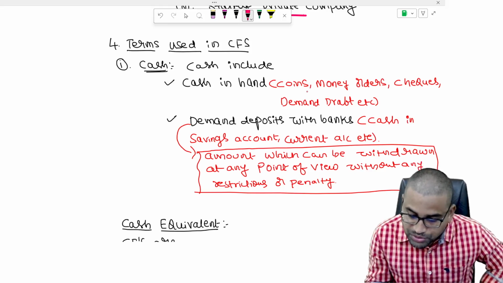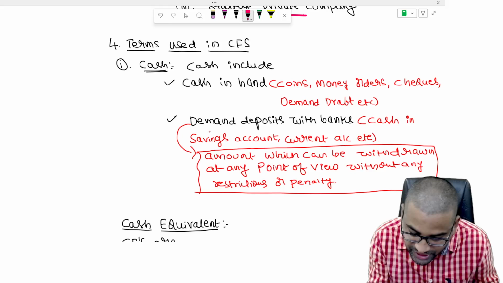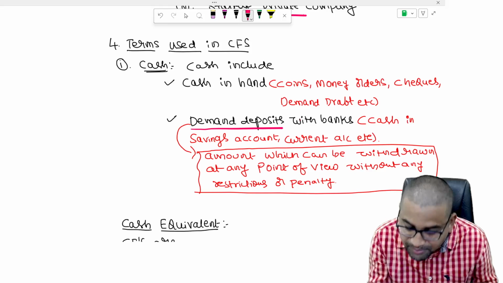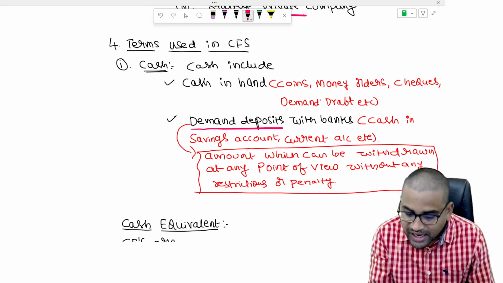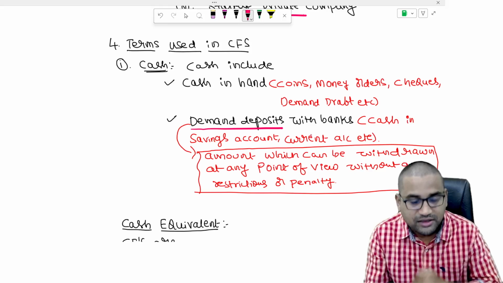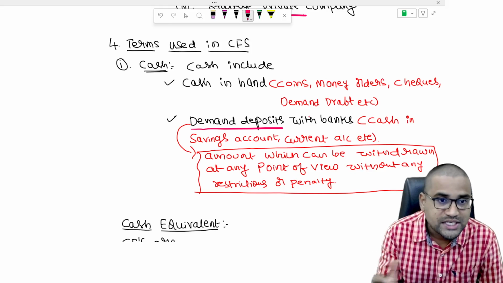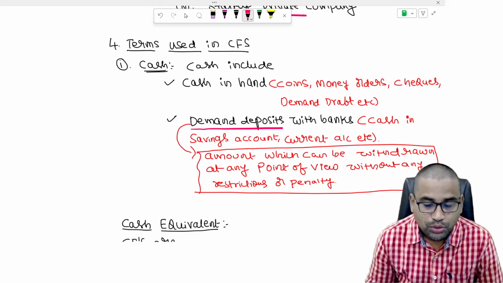And the most important thing is cash includes cash in hand and demand deposits with bank. DD here is not demand draft, that is different. This is demand deposits with bank. So what is this?